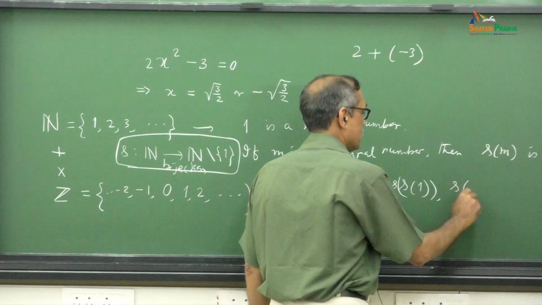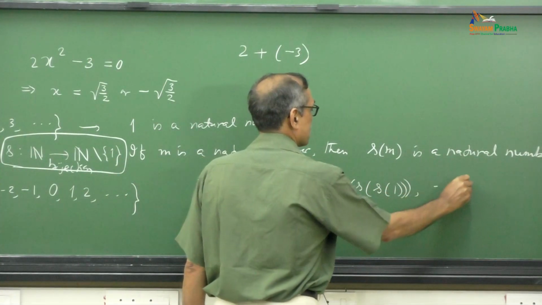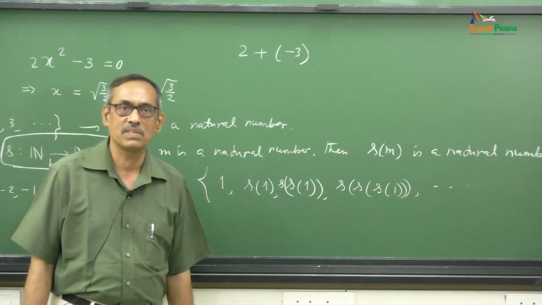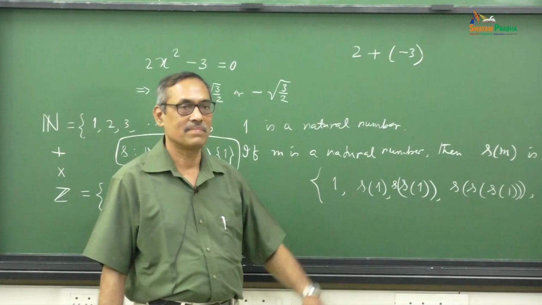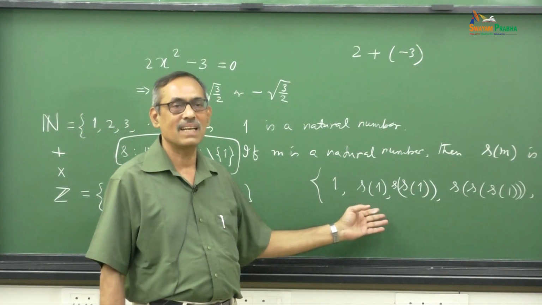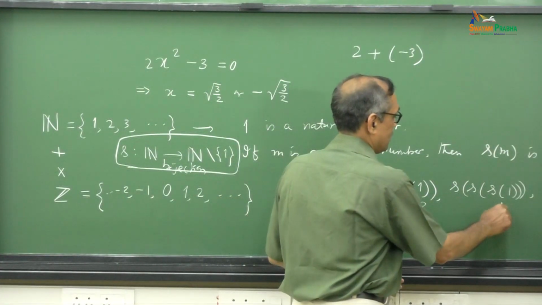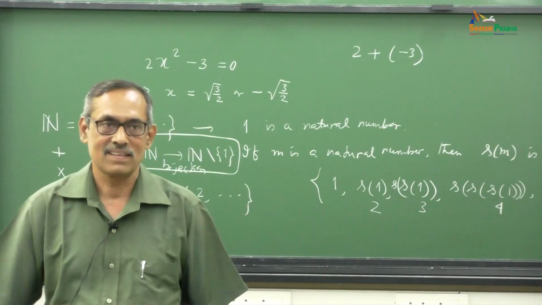Then I have this. It continues. Now everything is generated from this S only. So again I rename. Instead of always writing like this, I will write this as 2, write this as 3. Basically this much is required.